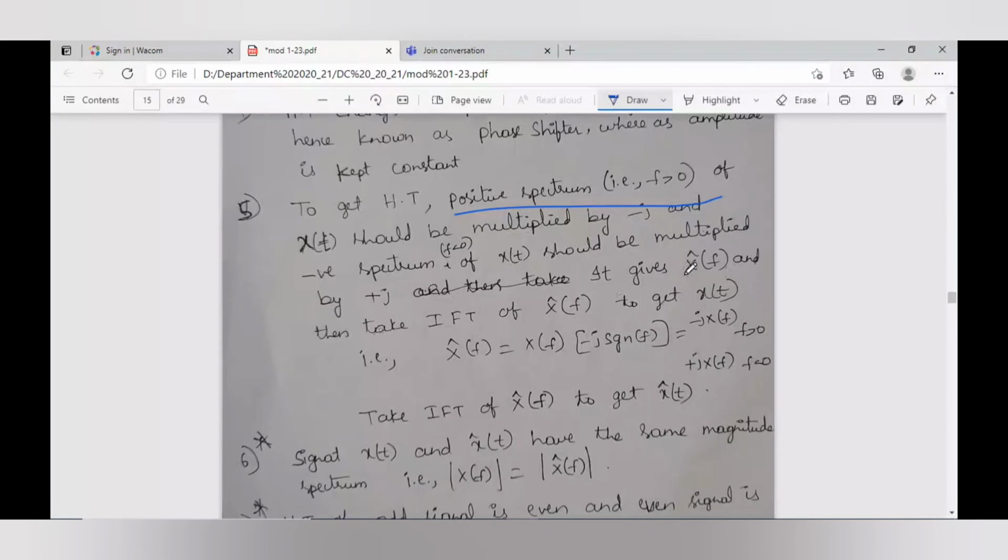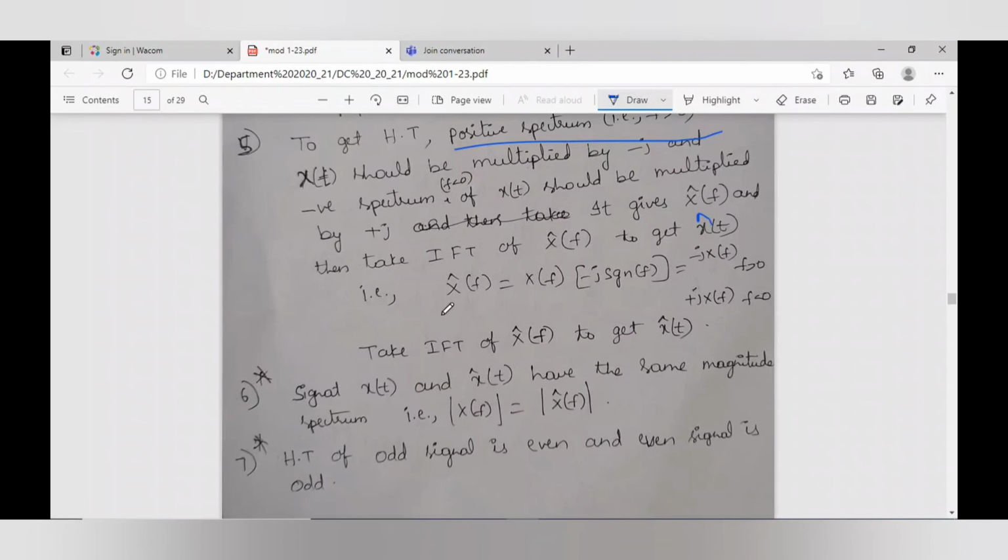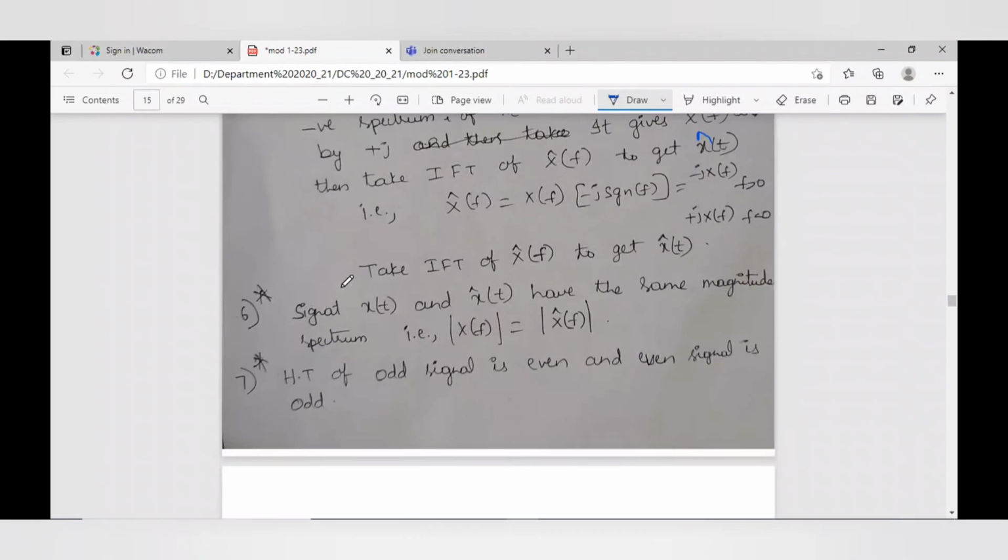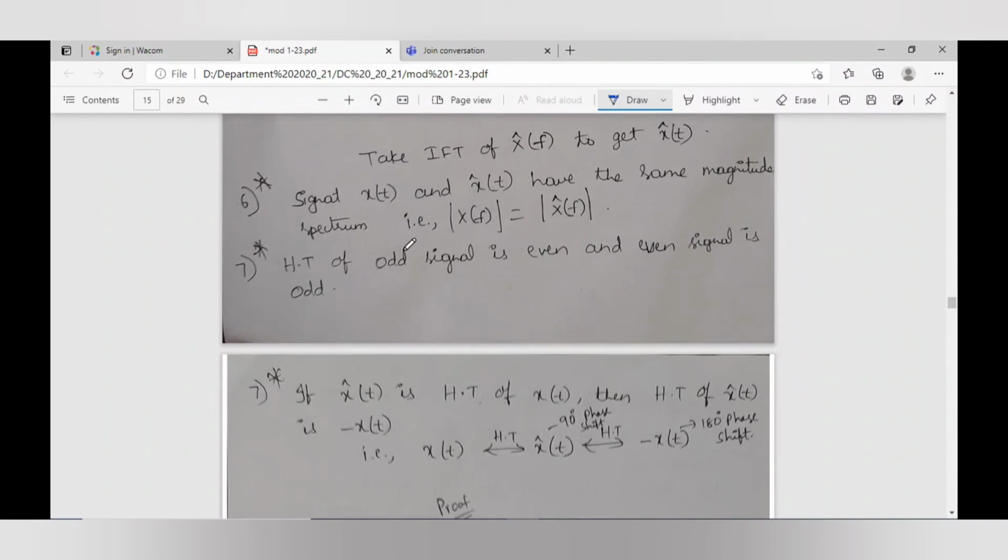Take the inverse Fourier transform of x cap of f to get x cap of t. It's not x of t, it is x cap of t. So that we'll get the Hilbert transform. So this is the fifth property. For that, proof is not required.